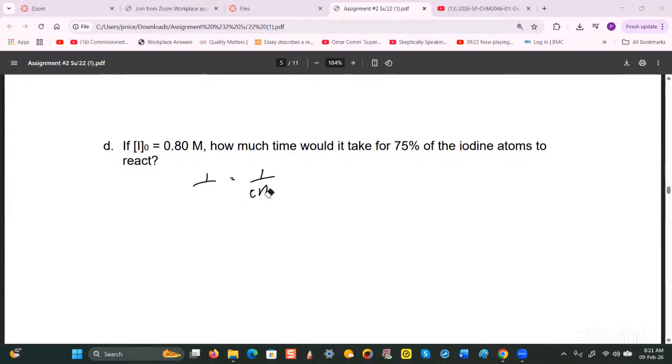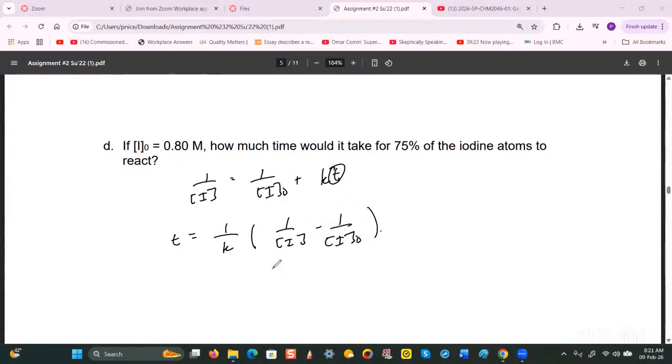So 1 over the concentration of I equals 1 over the initial concentration of I plus kt. The question is asking for t, so we can rearrange this to get t equal to 1 over k times 1 over the concentration of I minus 1 over the initial concentration of I.